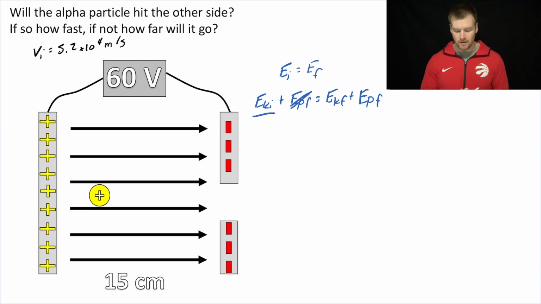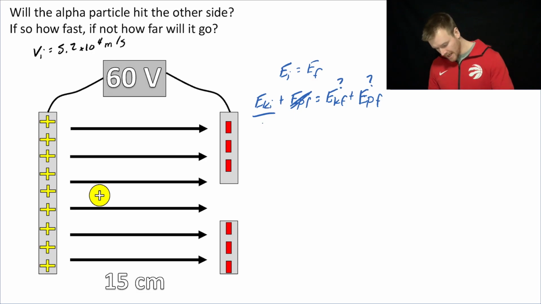Afterwards, we're trying to figure that out though. Does it hit the other side with kinetic energy, or does it stop only reaching a certain level of potential energy? So how we're going to figure out what scenario is going to happen is we have to look at its initial kinetic and figure out how much potential energy it would gain by going to the other side. If it has that amount or more, it's going to hit. If it has less than that, it won't make it all the way there.